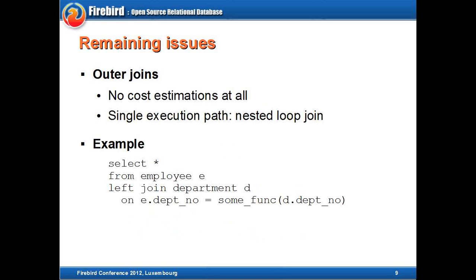So, take an absolutely artificial example: when you perform a left join and some function does not allow you to use an index for the join, you will have a full scan for the employee table and a lot of full scans for the department table. If the department table is small enough, you are lucky. Otherwise, you are not.